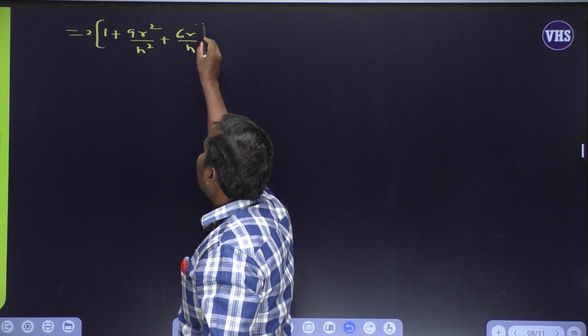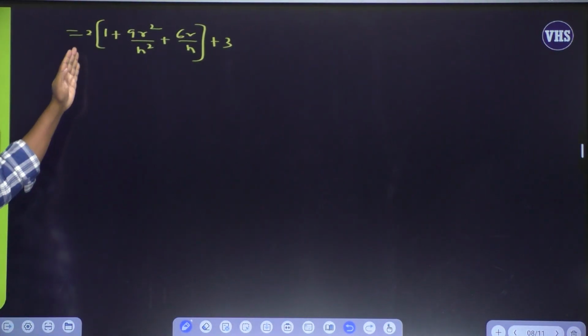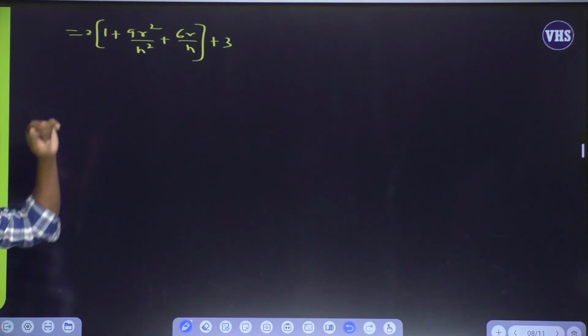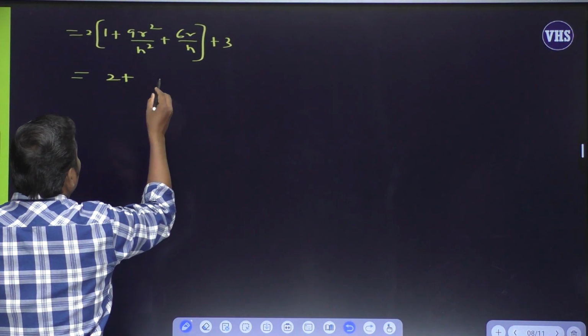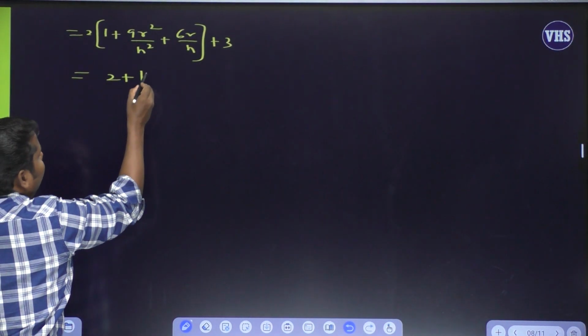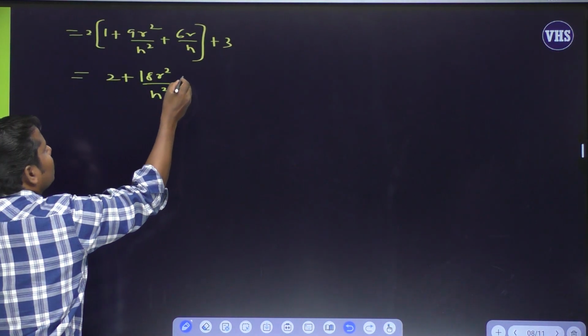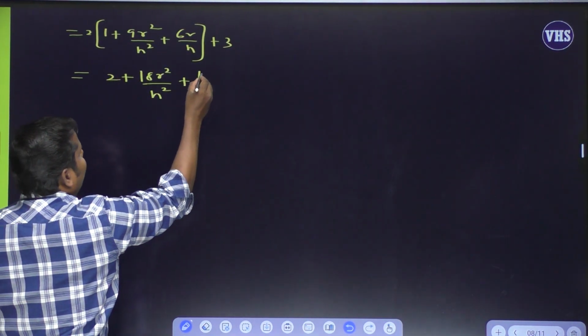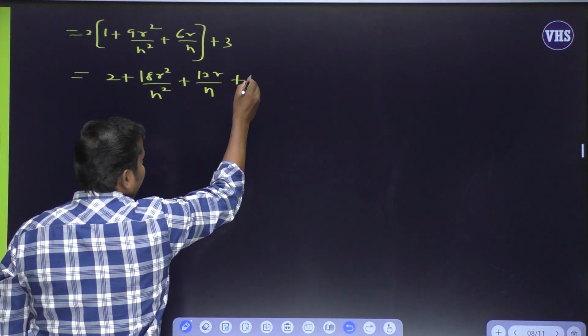At last you are getting 3 there. Next, let us apply the 2. Multiply this factor by 2. So 2 1s are 2, plus 2 9s are 18r square by n square, plus 2 6s are 12r by n, plus 3.